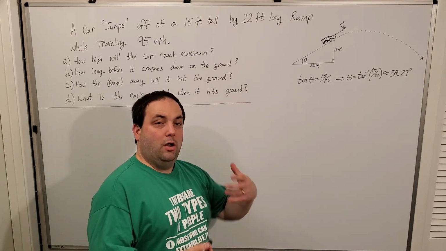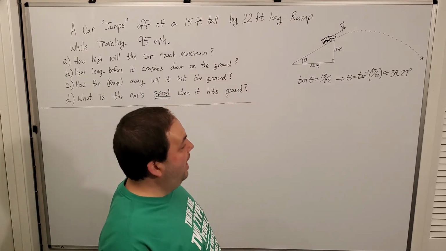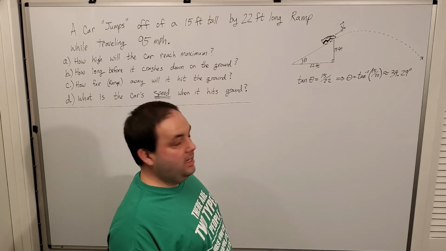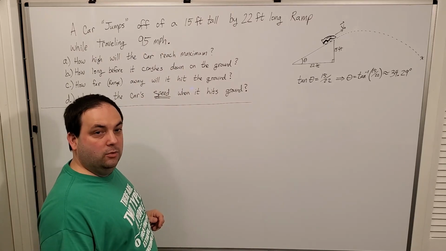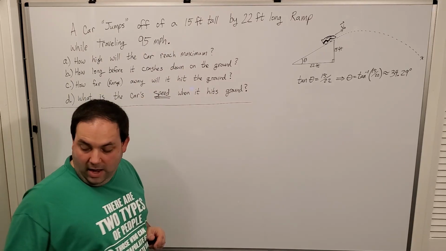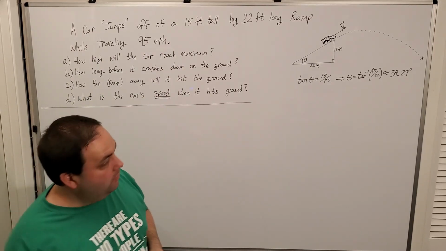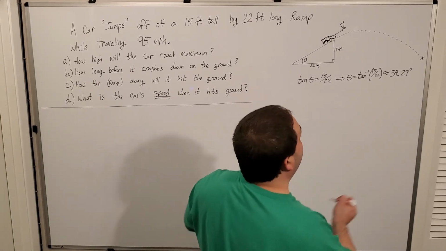Next, our acceleration due to gravity is going to be in American units, because we're in miles an hour here, which means our acceleration at any given moment is going to be negative 32.